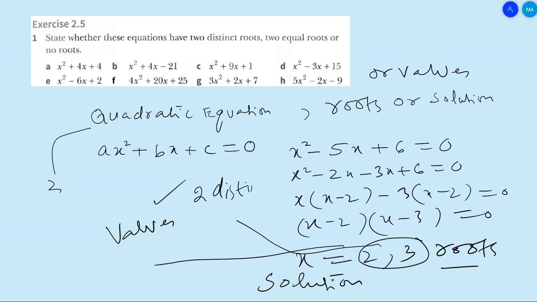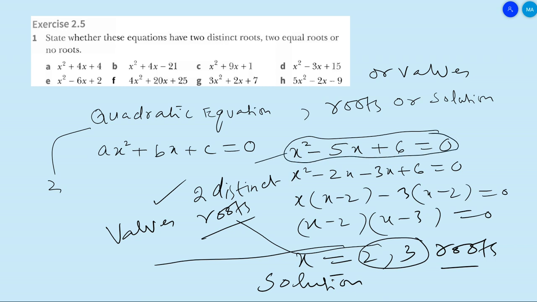Distinct means different. But can we say, without solving this quadratic equation, what is the nature of the roots?